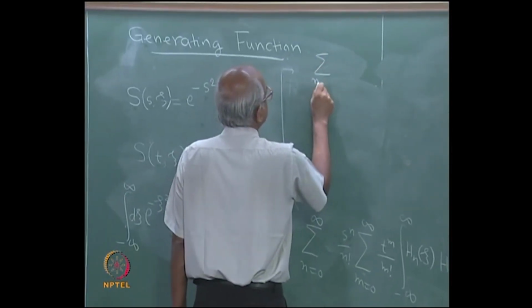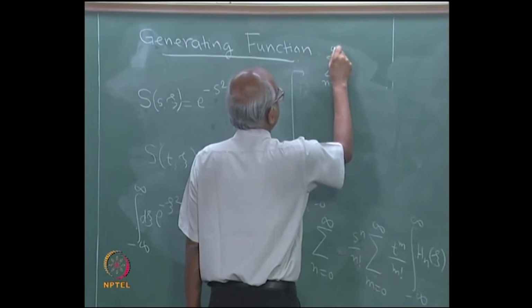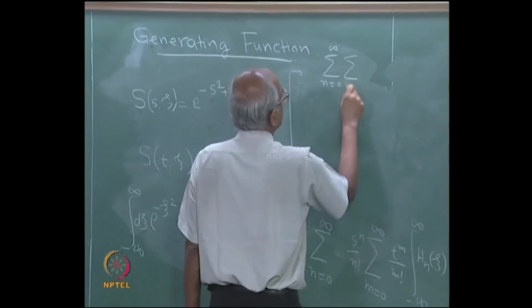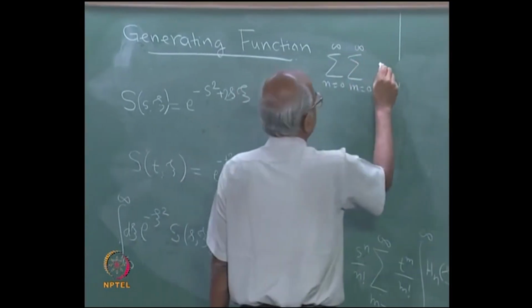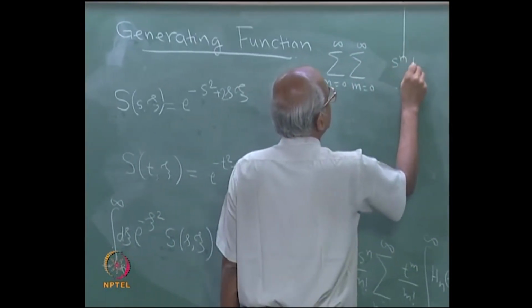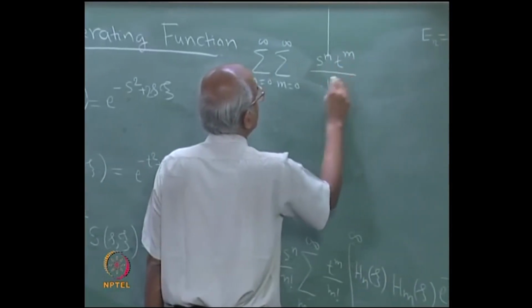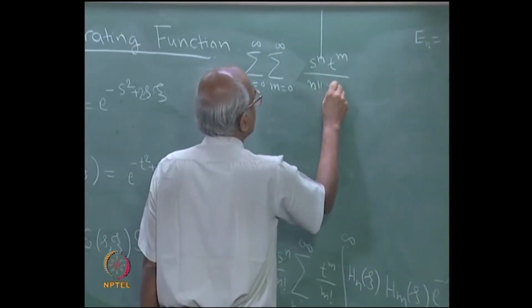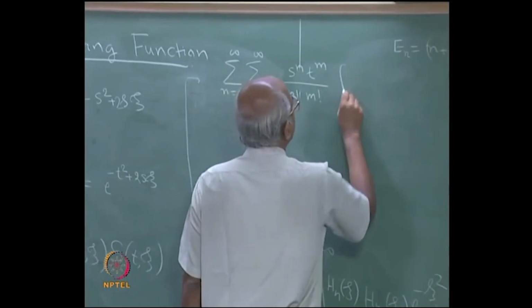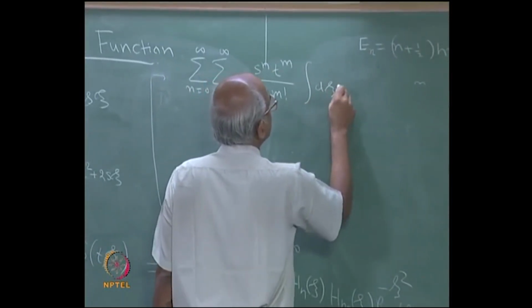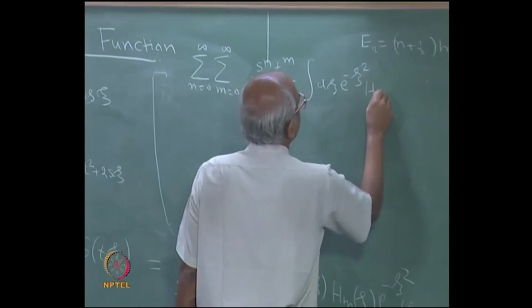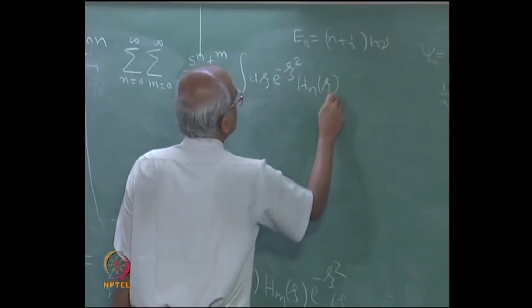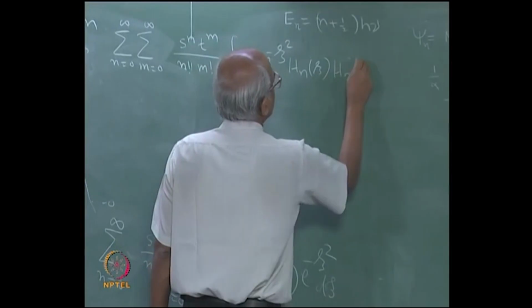It is just a double sum with n going from 0 to infinity, m going from 0 to infinity, s to the power of n, t to the power of m divided by n factorial into m factorial and integral dc e to the power of minus c square Hn of c Hm of c.